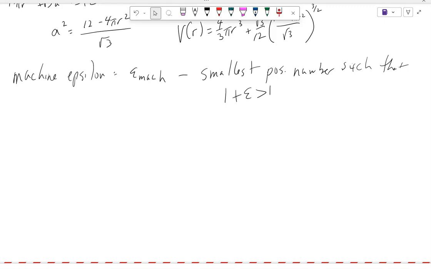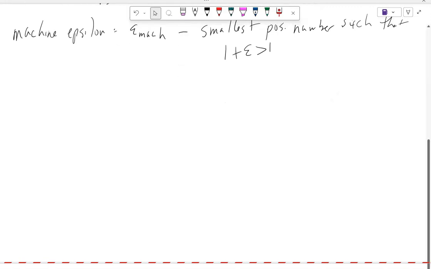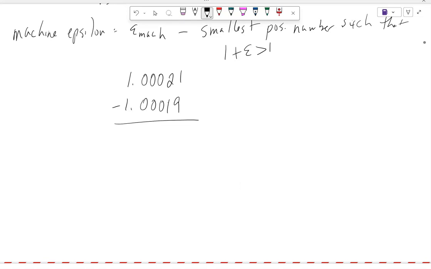But if you've got something that is longer than that, maybe you've got something like 1.00021, and you want to subtract 1.00019, you get 0.00002. You've only got 1 digit now of significance. You've lost the others. You get a lot of cancellation.